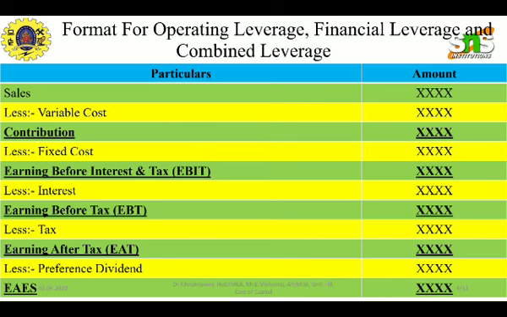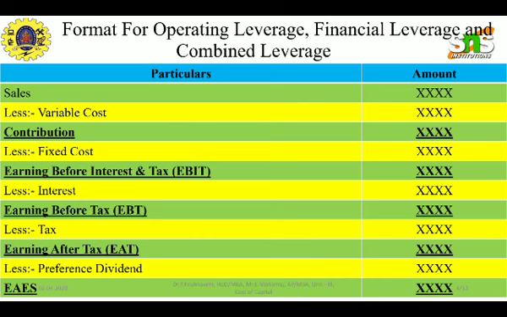That is EBIT. With EBIT, if we subtract interest, we will get earning before tax, EBT. With EBT, if we subtract tax, we will get earning after tax, EAT.